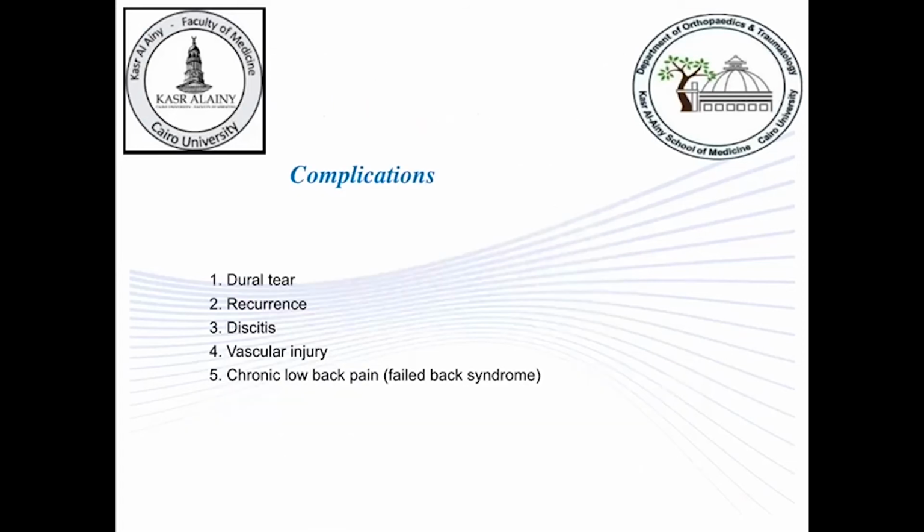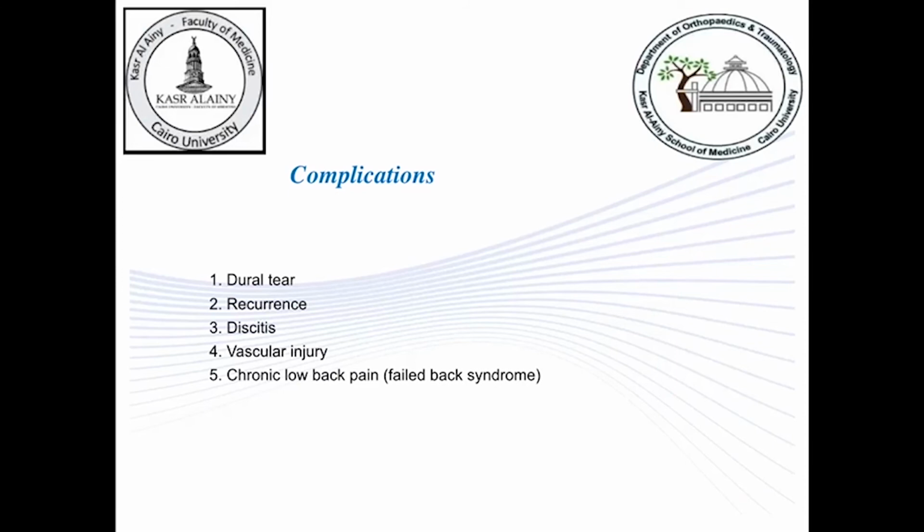What are the complications of the lumbar disc prolapse surgery? The most common complication is dural tear, and this needs to be either repaired intraoperatively or, if irreparable, watertight closure of the wound should be done. Recurrence is the second most common.